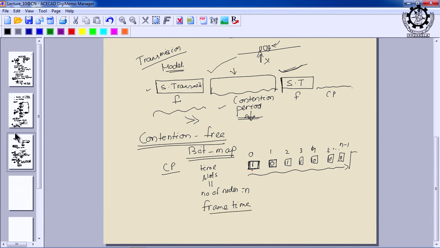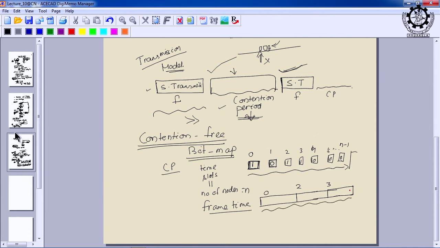First, node number 0 gets the chance to transmit, and it does its transmission. After node 0 is over, the next ready node gets the channel and completes its transmission, and then the next one, and so on.